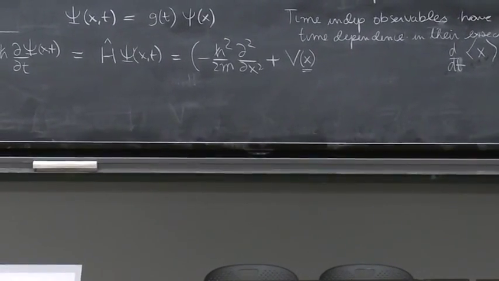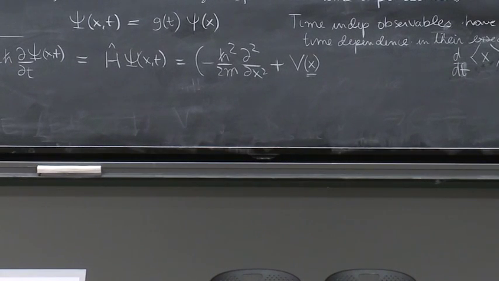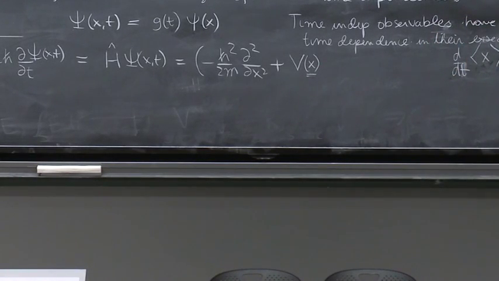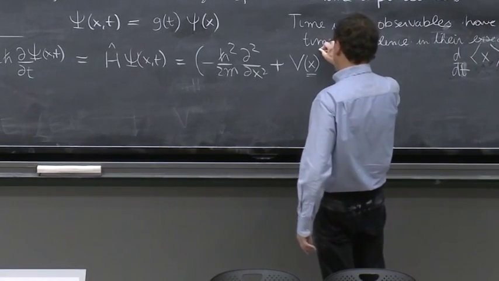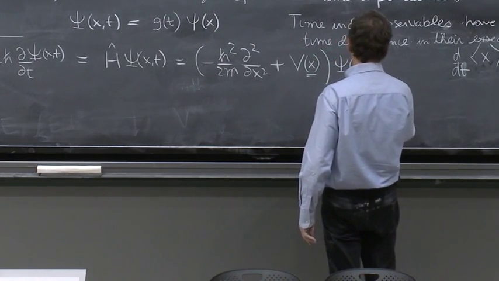Otherwise, it's not so easy to get stationary states. If you have a potential that has time dependence, we cannot do the analysis that we're going to do. So we're going to look only at time independent potentials. So V of x, like this, times psi of x and t.